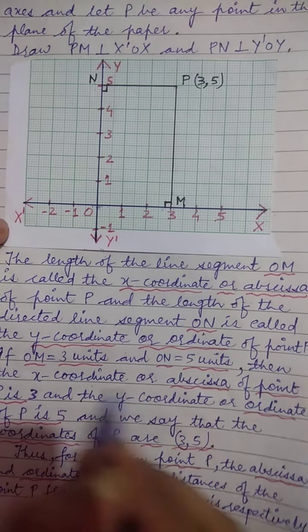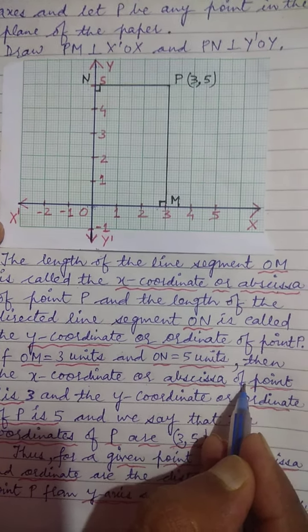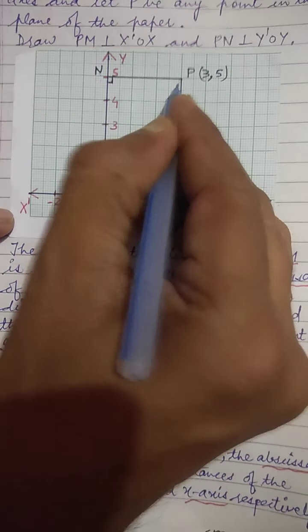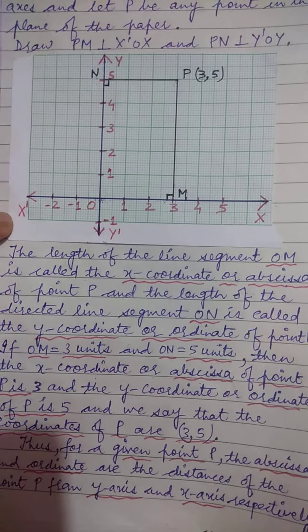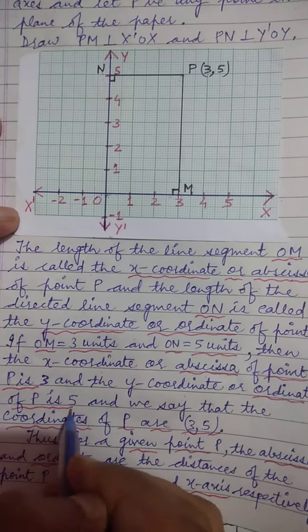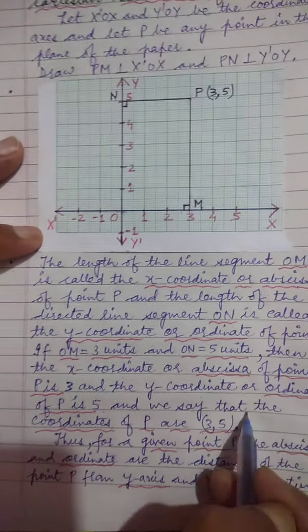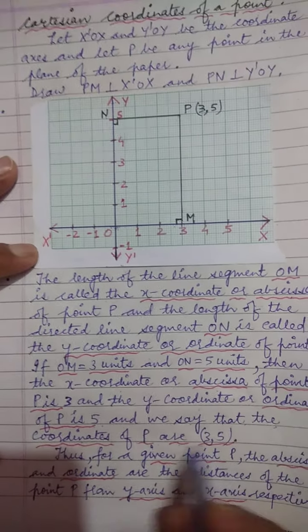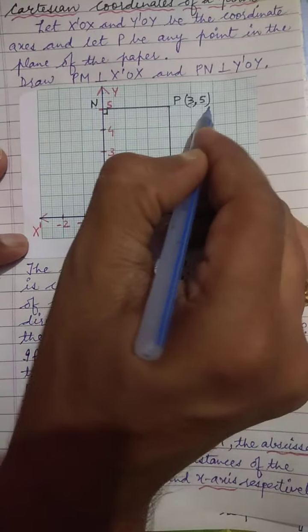Then the x-coordinate or abscissa of the point P is 3, and the y-coordinate or ordinate of the point P is 5, and we say that the coordinates of the point P are (3, 5).